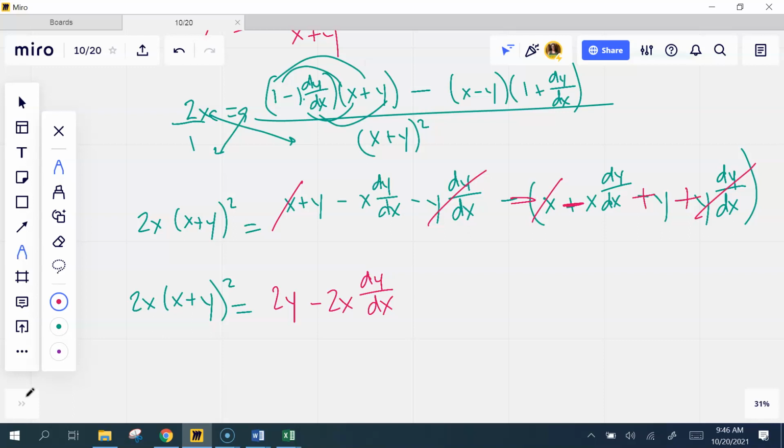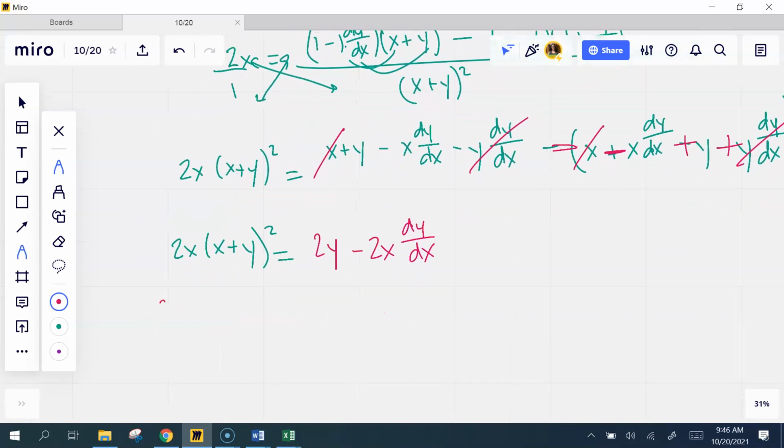And now you can do a little bit of stuff. I can solve it now. I can move the 2y over. Yeah, 2y minus, we can use 2y minus 2x.